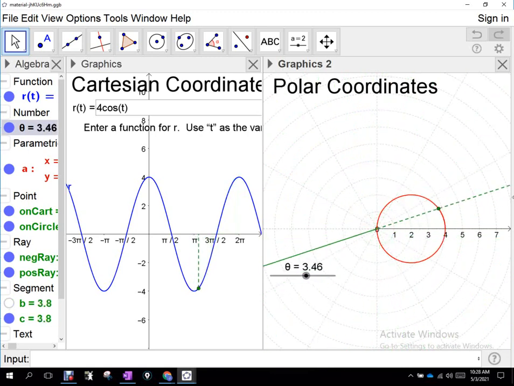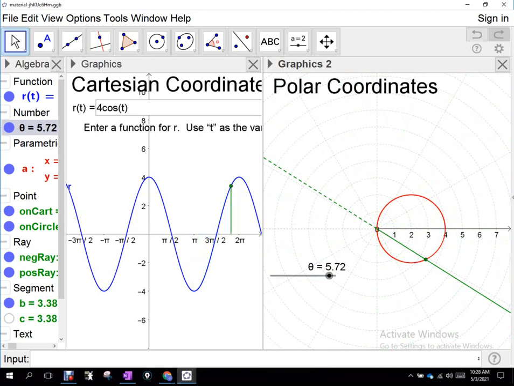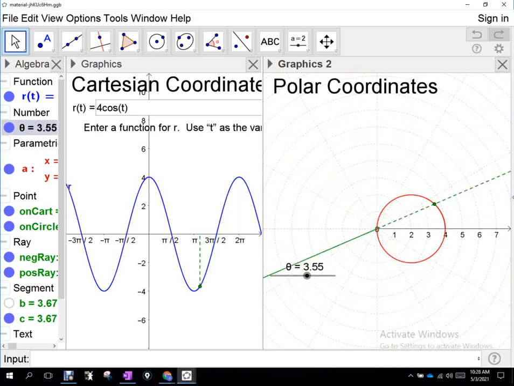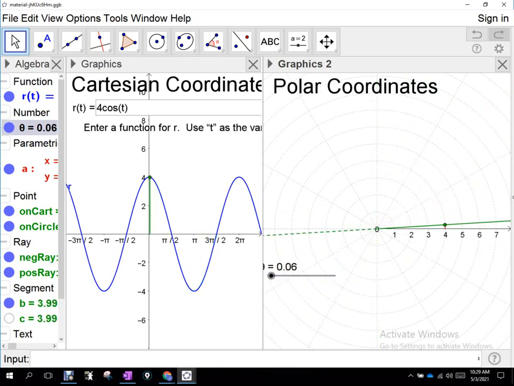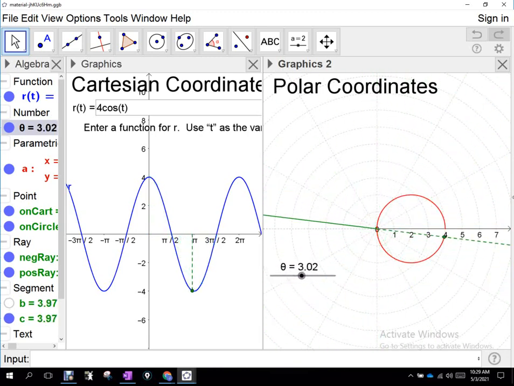Okay, and what happens here is that because of how we graph negative values, these negative radiuses on a polar coordinate, we see that really once we go through 0 to pi, that'd be 3.14, right? 0 to pi, we get our entire circle.